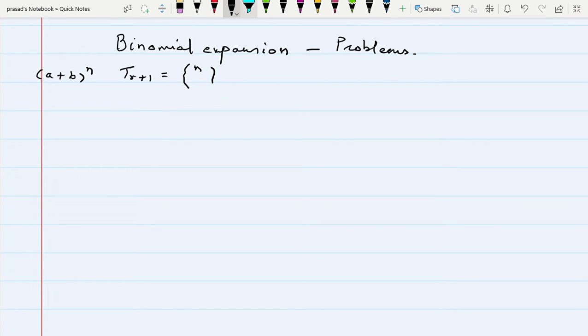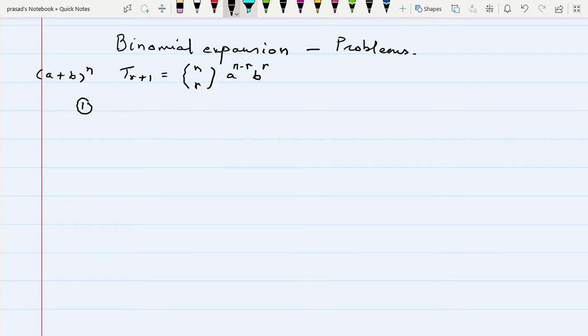It is nCr, with b to power r and a to power the remaining power, n minus r. So that is your r plus 1 term formula. Let us see some problems on this.